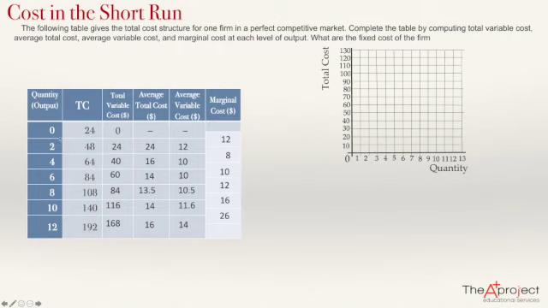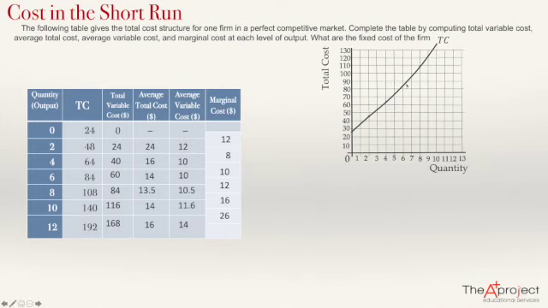When the quantity is 0, the total cost is 24. For example, here will be a point, and then we can make a point for each of these. So the graph will be points like this, and then we join the points to make the graph of the total cost. It will be something like this. It's a graph that is always increasing, and each time the increase is bigger.